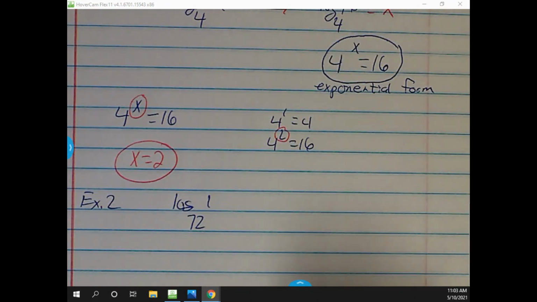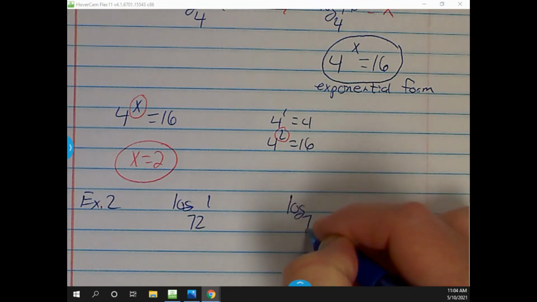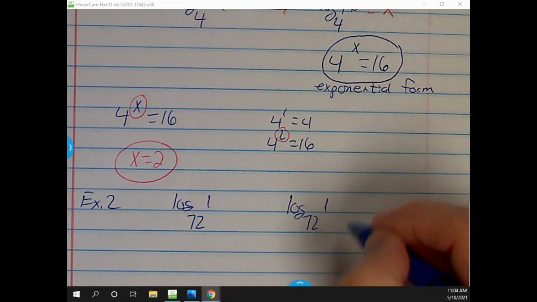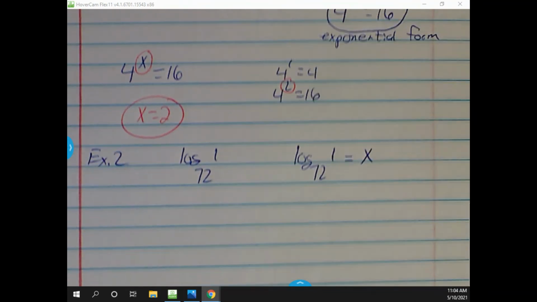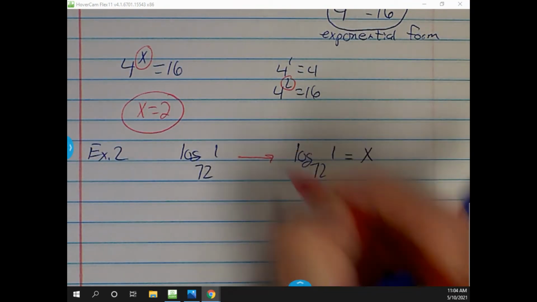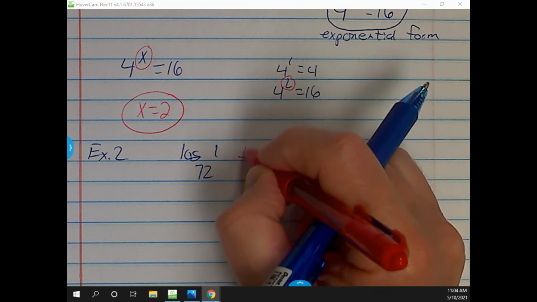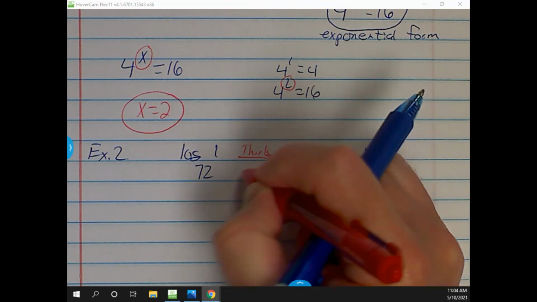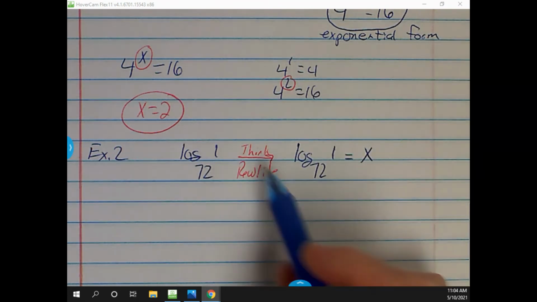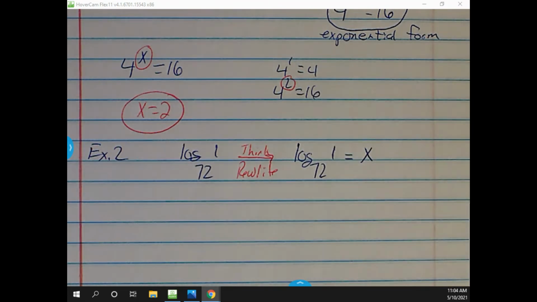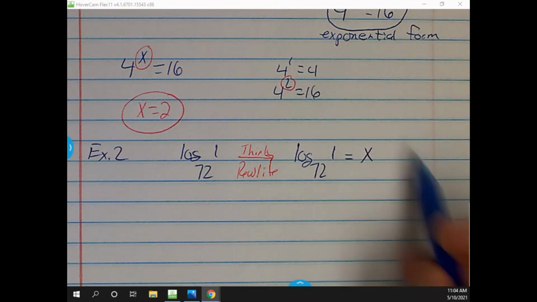Again, they don't give you a value for this one, so I would say just log of 1 base 72. Just so you've got something here, you've got to think about it as being equal to x. And maybe if you want to go ahead and rewrite it this way, that would be fine too. So you want to think about it this way or rewrite it this way. This is the thought process you want to go through for this one.